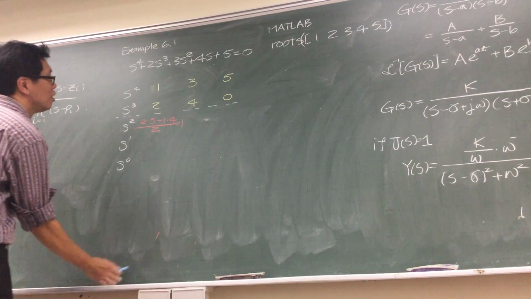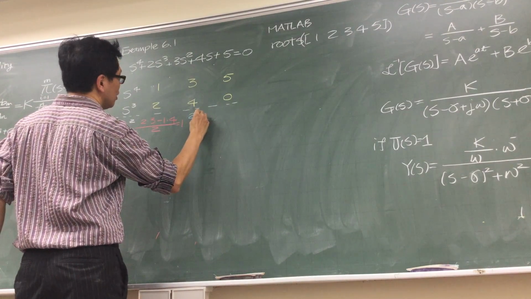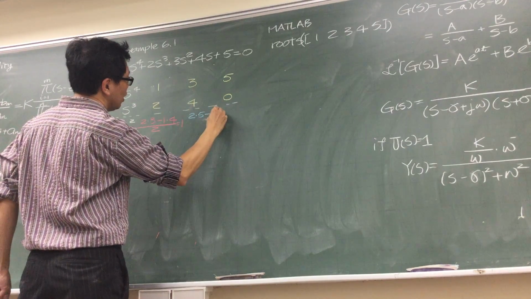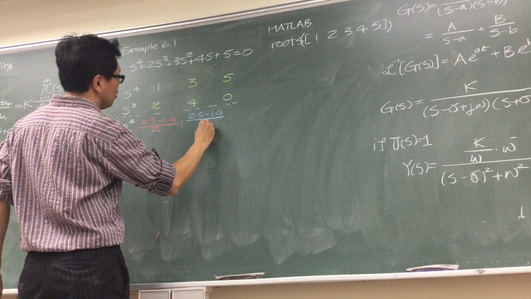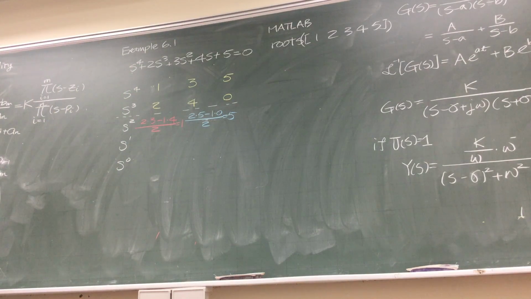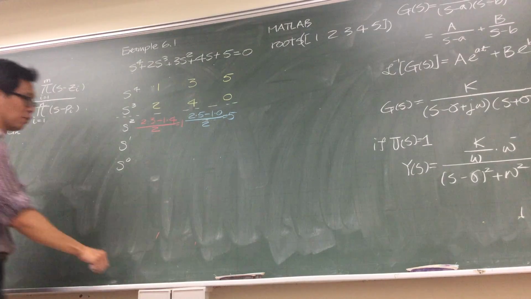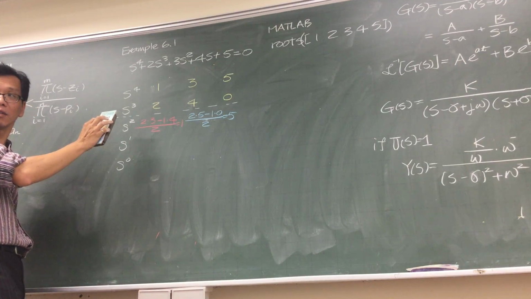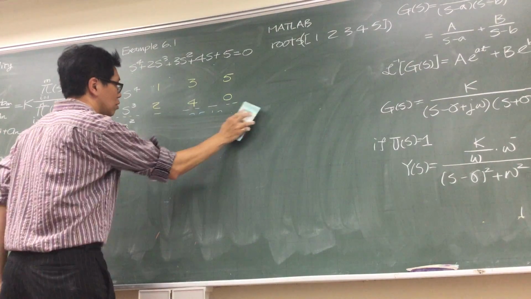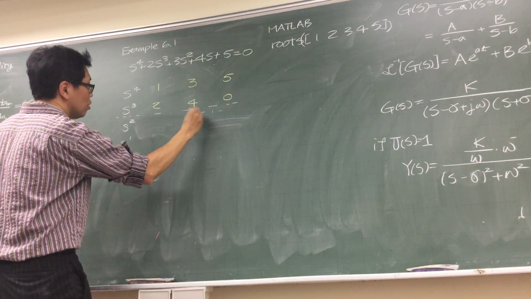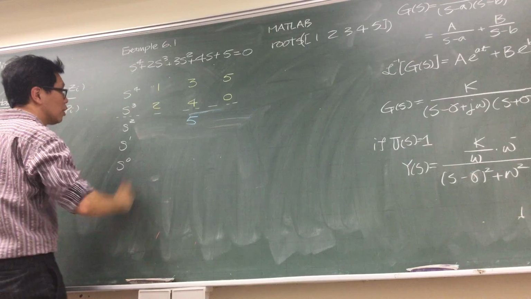Second one is going to be multiplied by. Okay? Any questions? Okay. So I'm going to erase this one because it's going to be ugly. I'll just put 1 and 5 over here.